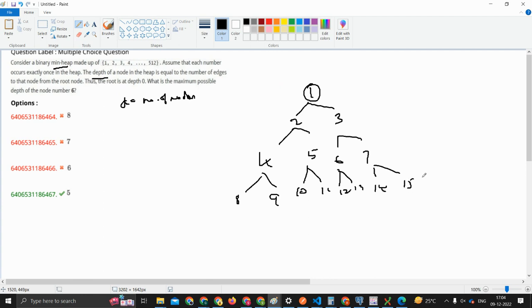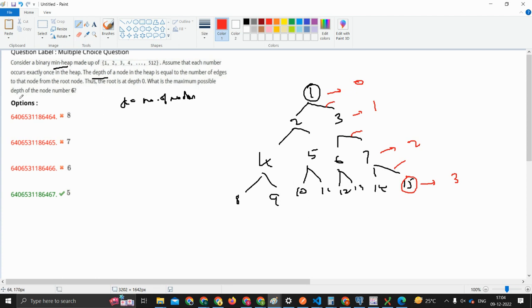So what is the depth of 5? It's nothing but starting from the root, how many edges you have. 1, 2, 3. So the depth of 15 is 3, this is going to be 2, this is going to be 1 because you have 1 edge, and the depth of the root is going to be 0. Thus, the root is at depth 0, which we saw just now.